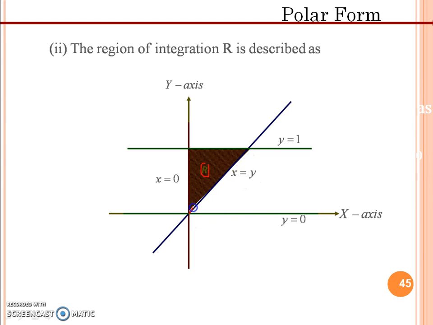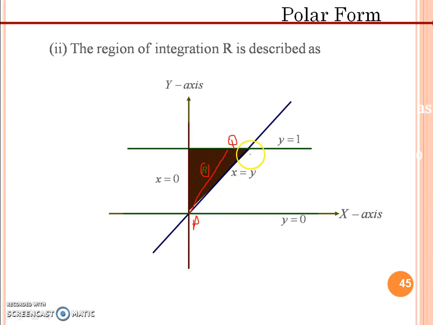So again we take the PQ strip passing through the origin. We rotate this strip starting from our region, y equals x. So theta equals pi by 4, up to the y-axis, that is theta equals pi by 2.